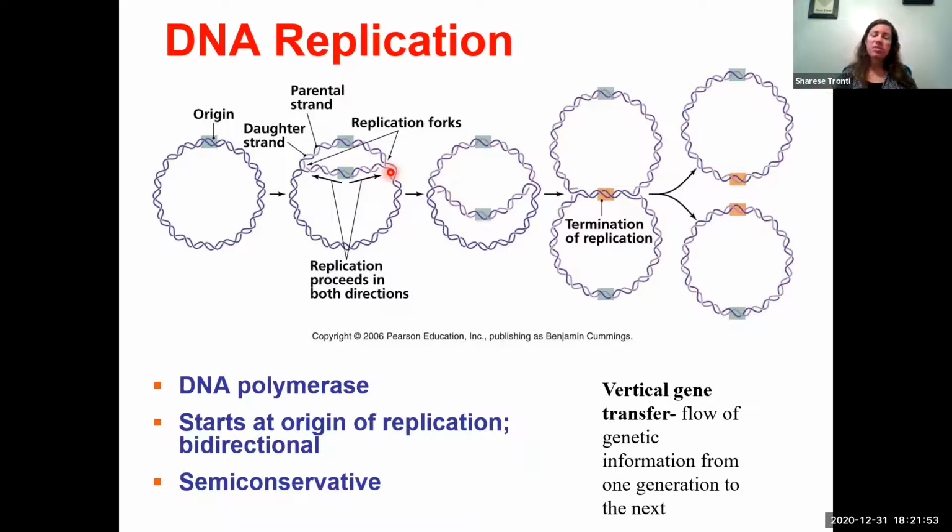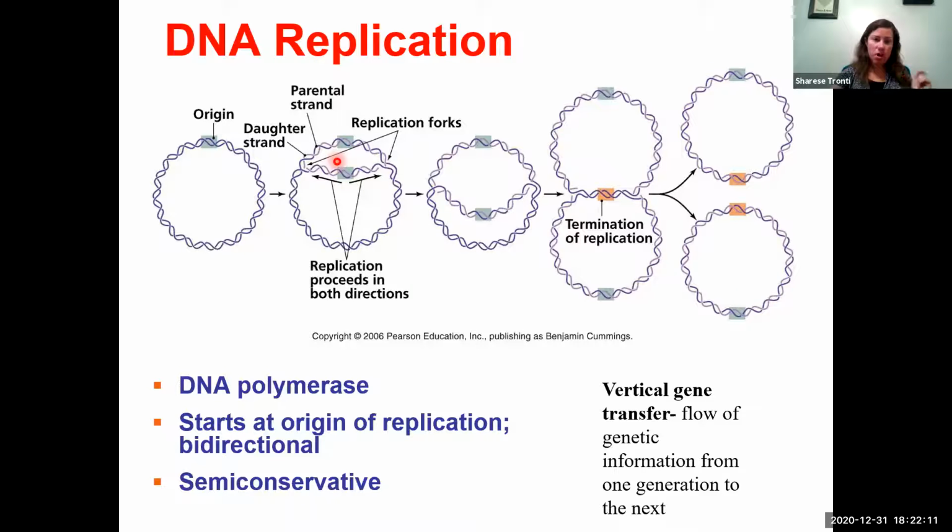That's what we call semi-conservative. So that's meaning part of each new chromosome is going to be one of the old strands and a new strand. The old strand being used as a template to build the new strand of DNA.